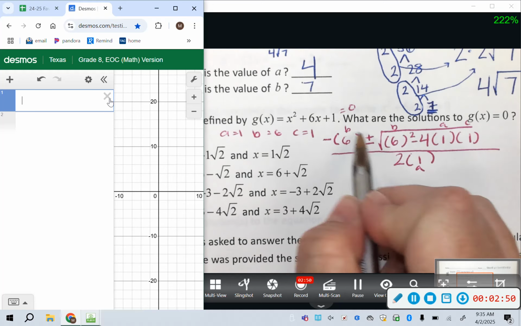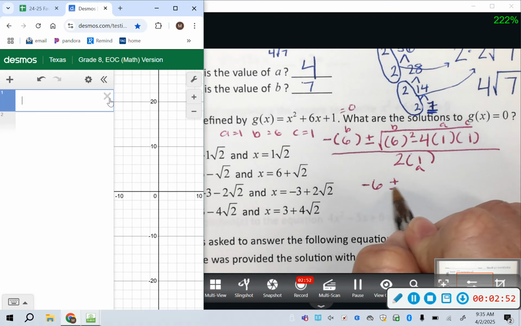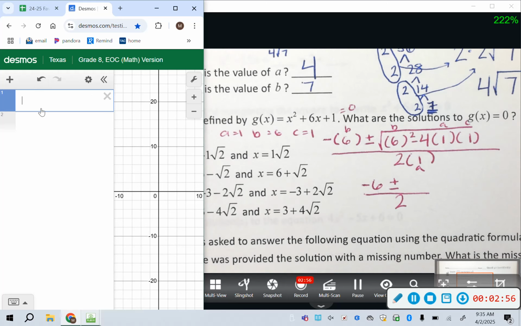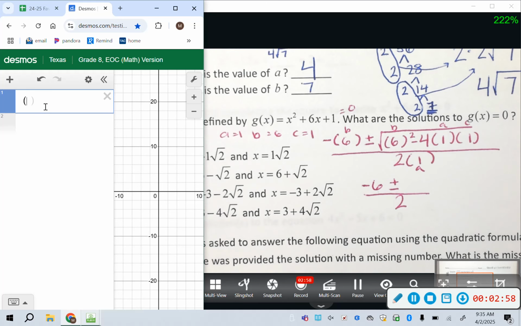So this piece becomes negative 6 plus or minus. My denominator is 2 times 1, which is 2. And I'm just going to type the discriminant, which is what's inside the house. So 6 squared. So you'll notice I did not type the square root. I just started at the parentheses 6 minus 4 times a times c. And that gives me 32.